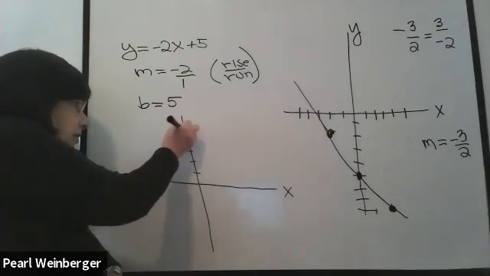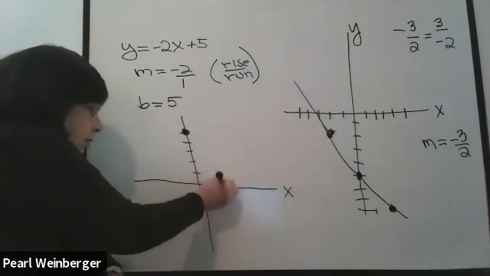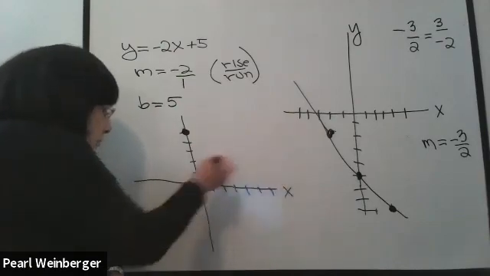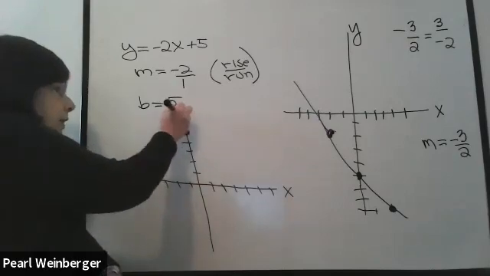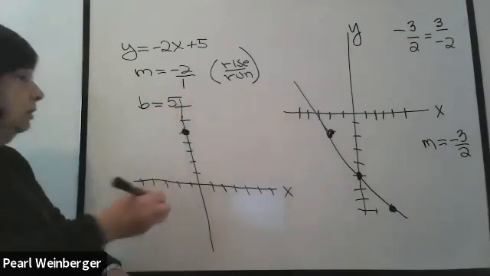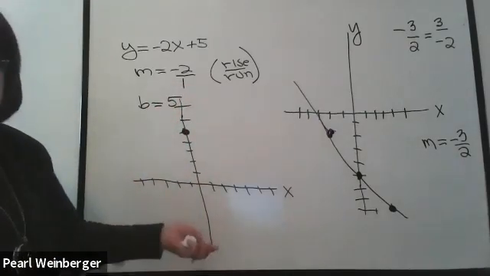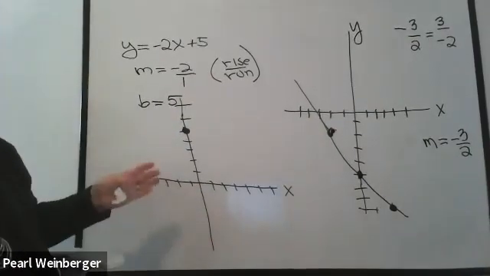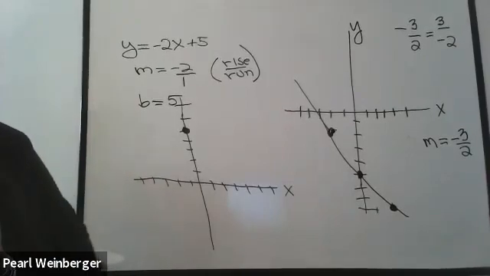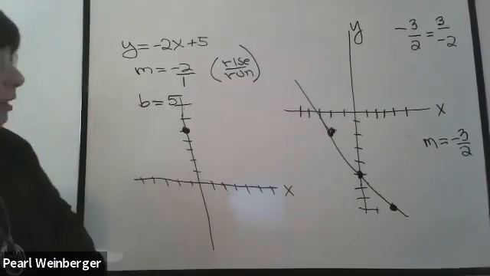Here's my starting point. Just putting a bunch of tick marks. Now the question is, I have a starting point on my line. Where do I go next? How do I go to another point so I can actually draw the line?